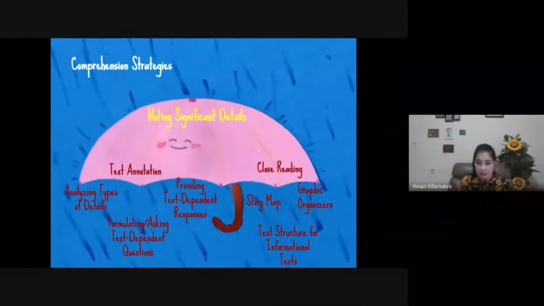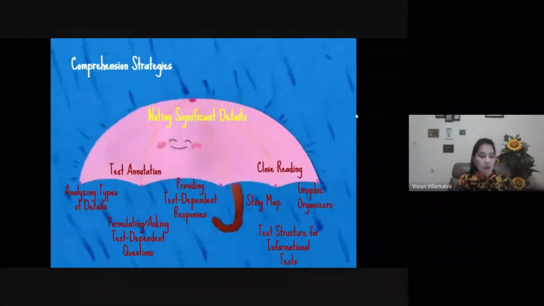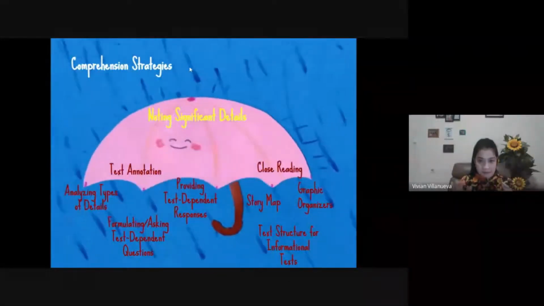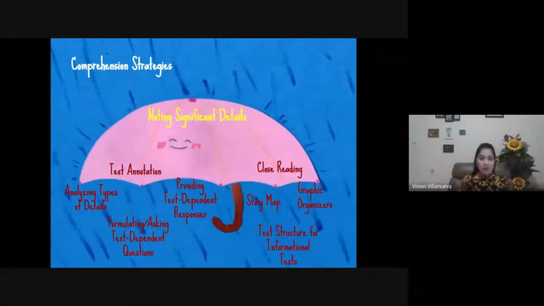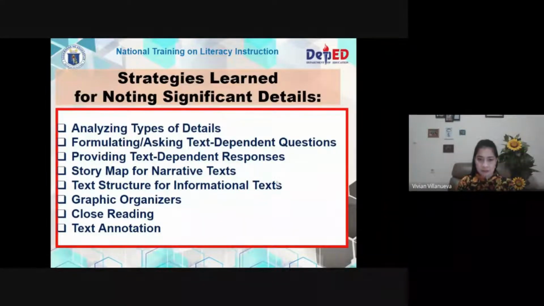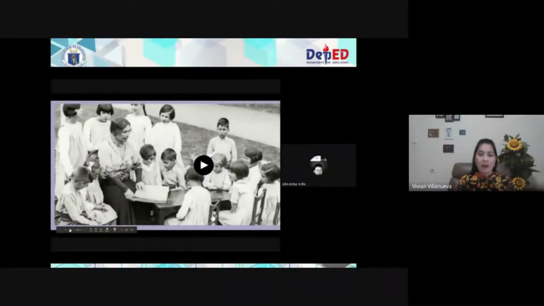Close reading is a strategy so that you can note significant details. Story maps and graphic organizers are all strategies so that you can note significant details. I want to leave this graphic organizer to you, so you can also understand and see the bigger picture. So these are the noting significant details strategies.